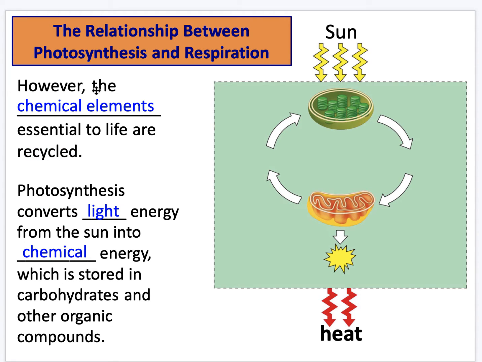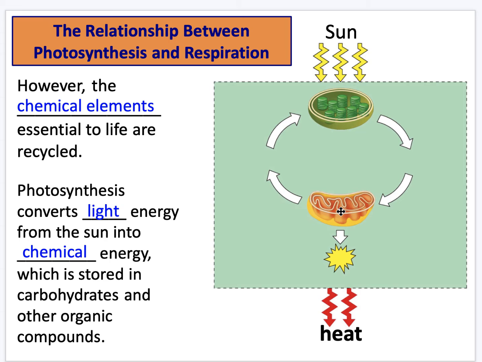Let's see. Chemical elements are recycled. So they're talking about the carbon, the hydrogen, and the oxygen that is used in glucose. They end up getting recycled, and they end up being made to be used for ATP, and then the glucose gets used by the mitochondria.